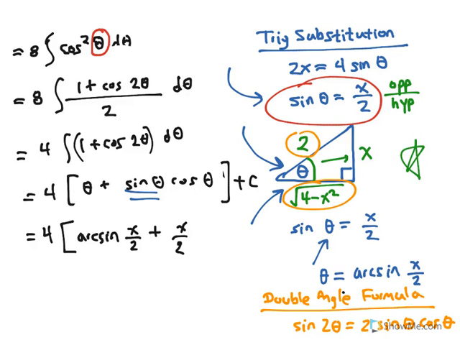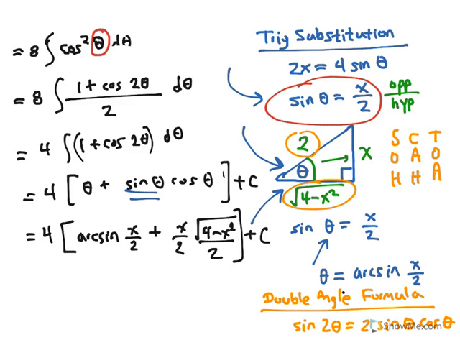So cosine of theta is the square root of 4 minus x squared over 2. And of course, you have the mnemonic device SOHCAHTOA to help you remember the right triangle trigonometry definitions of the trig functions sine, cosine, and tangent. But what you can see here is that we have successfully gone back to our original variable of integration x.